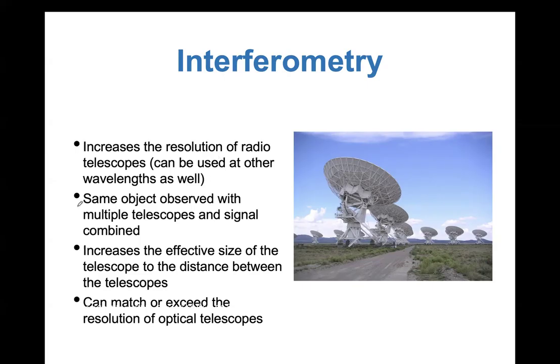So we observe some object, some observational goal, with many telescopes, and we combine their signal. This type of combining multiple radio telescopes to operate as one single large telescope is called interferometry. Essentially, it's almost like this whole array is acting like one giant dish.